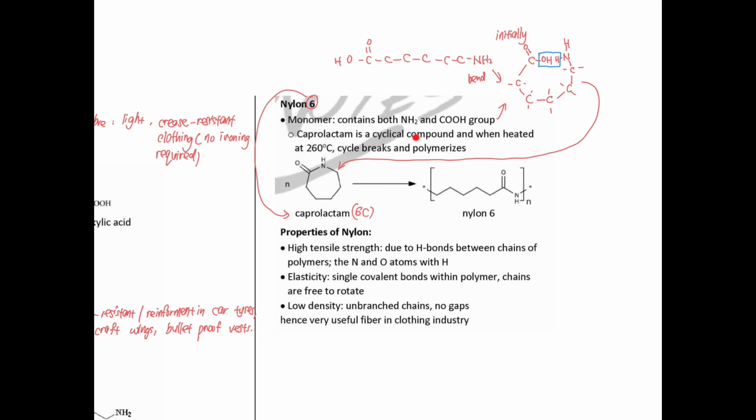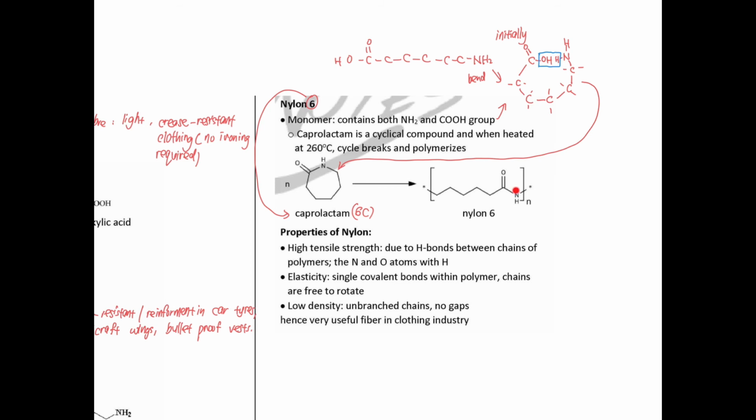Caprolactam is a cyclical compound. So as you can see, cyclical. And when heated at 260 degrees Celsius, the cycle breaks and polymerizes. Which means initially they are like this, and then when the temperature is hot enough, the structure breaks down.